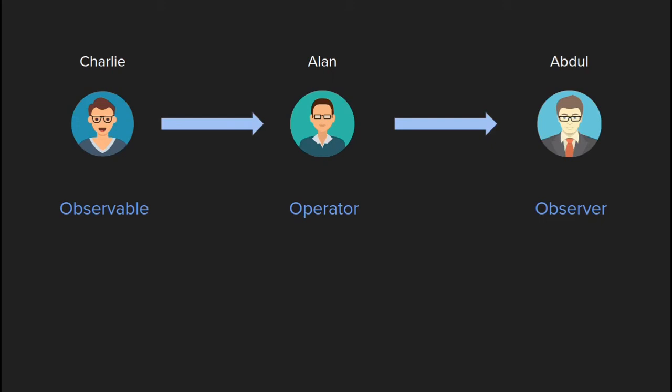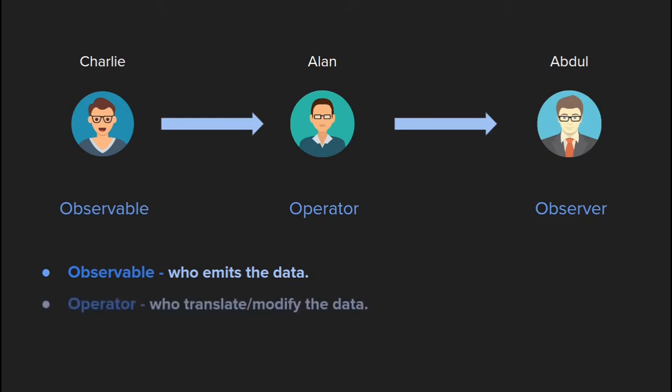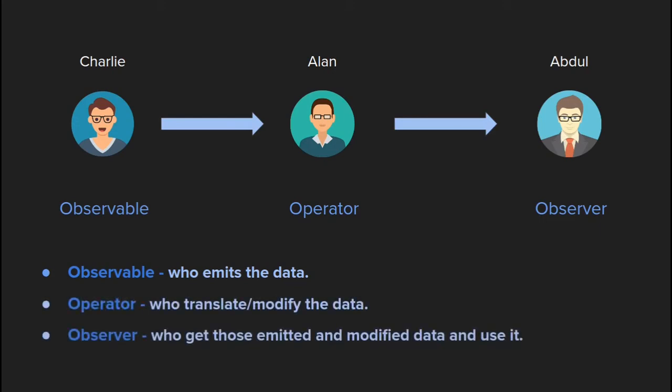Alan works as the operator, who transforms and modifies the data into Arabic and gives it to the observer, and the observer takes the data and uses it. So that is the definition: the observable emits the data, the operator translates and modifies the data, and the observer gets the emitted and modified data and uses it.